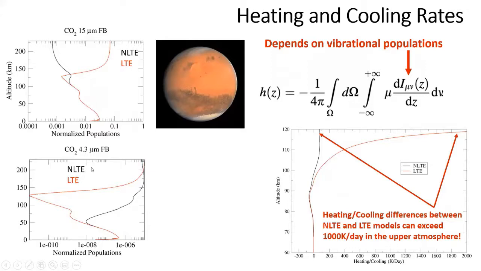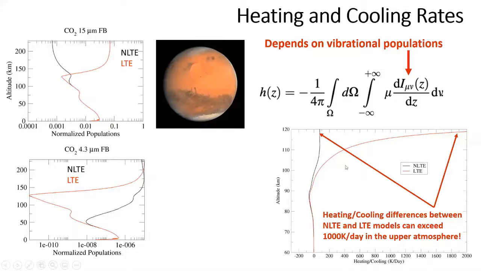And you see the large discrepancy between the normalized populations of assuming LTE or solving for non-LTE populations. These populations can now be directly used in the heating cooling rate formula in the top right to calculate radiative heating cooling rate, in what we show in kelvins per day.